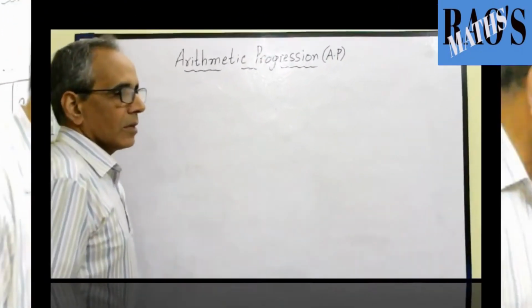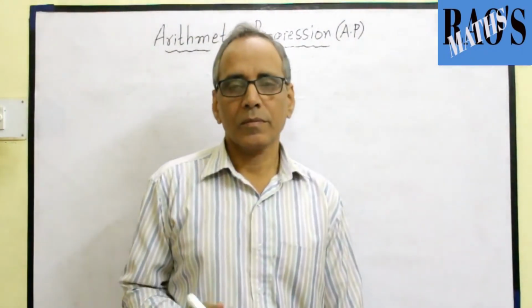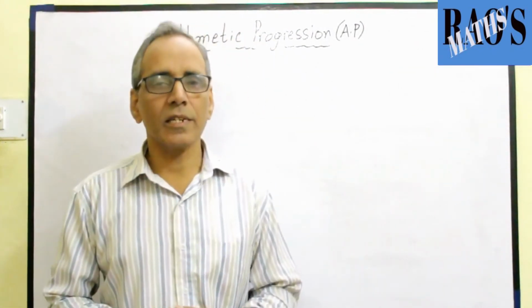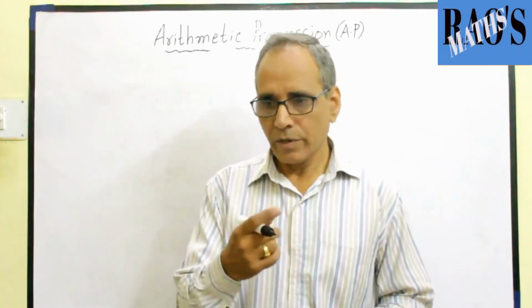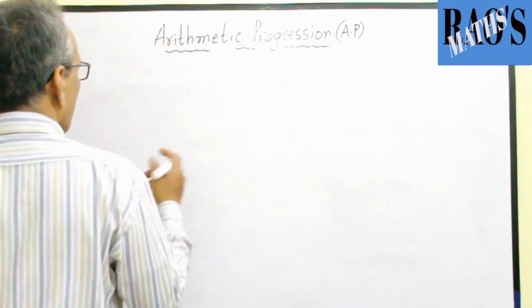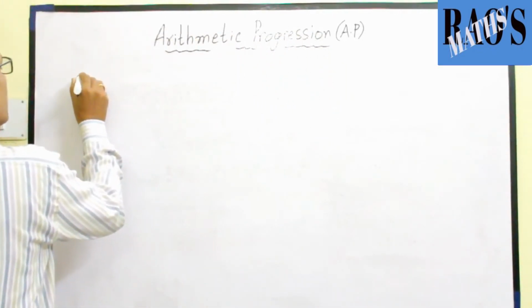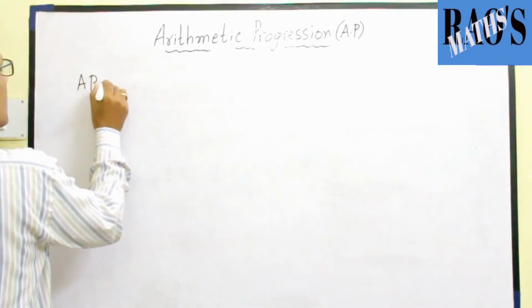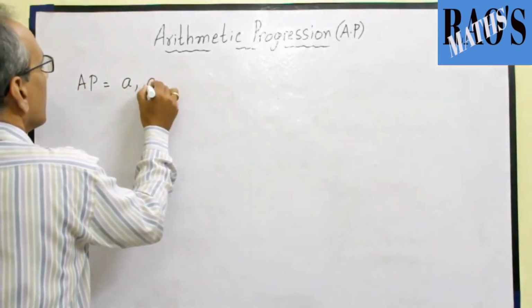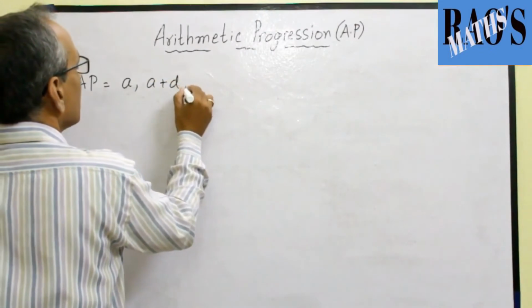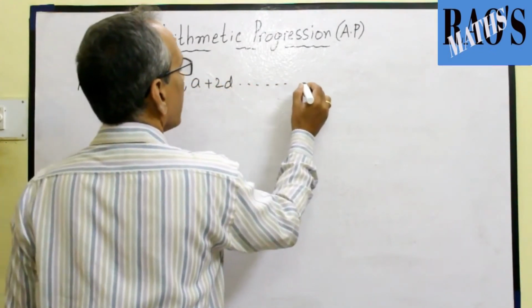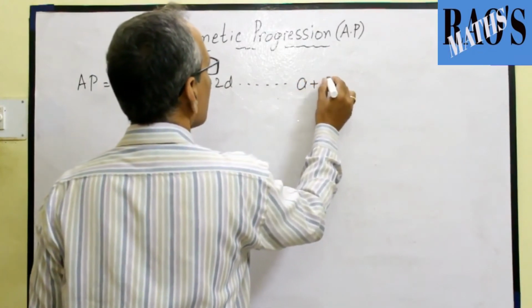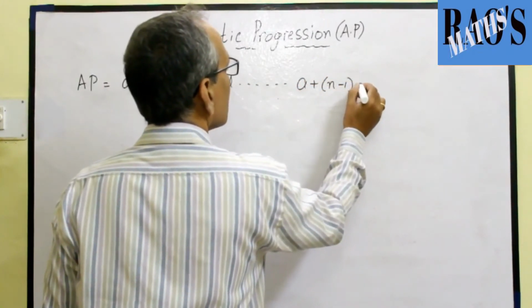There is one more example. Let's see. Now in this example, we derive the d, the common difference, and also we find the required term in the AP given. We know what an AP is. The rule I also write here: AP is a, a plus d, a plus 2d, and the nth term is a plus (n minus 1)d.